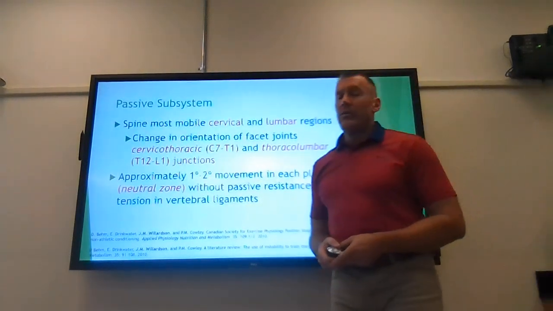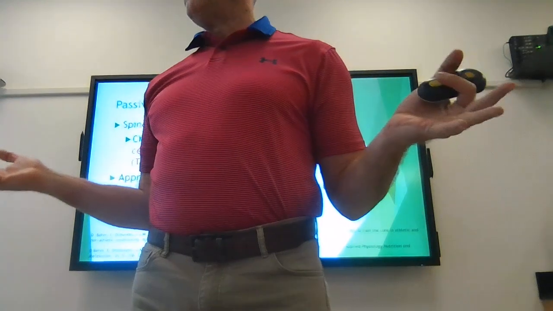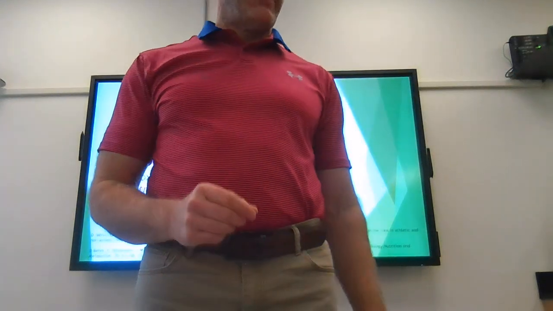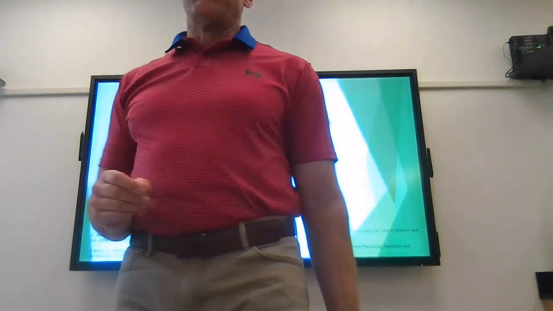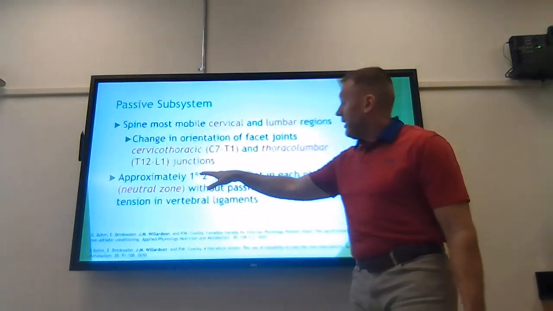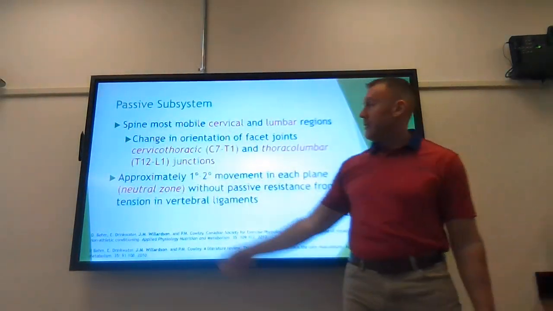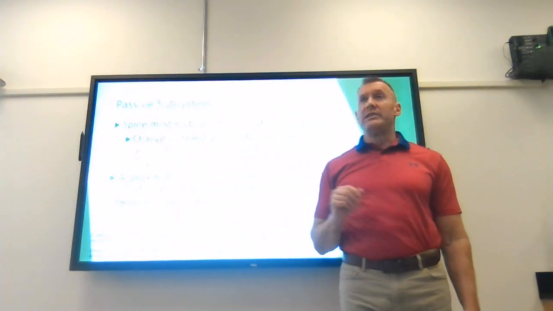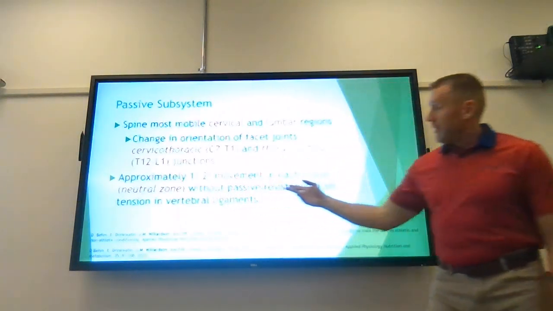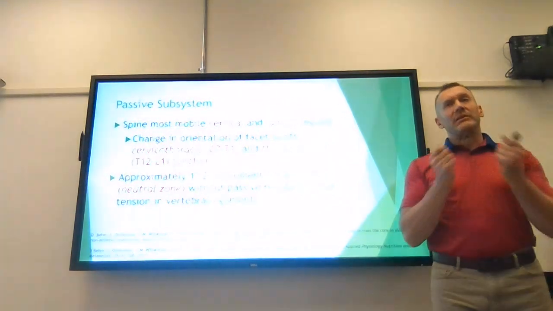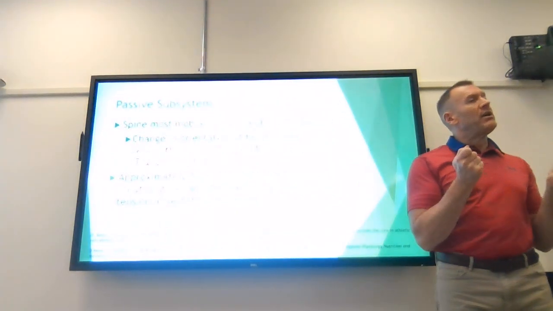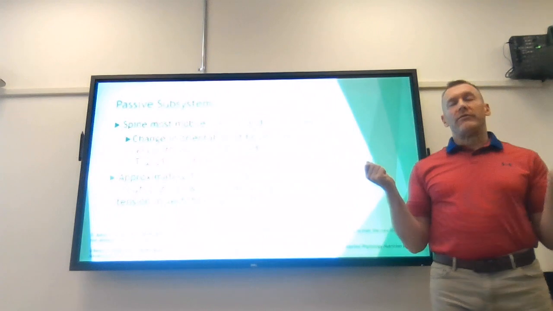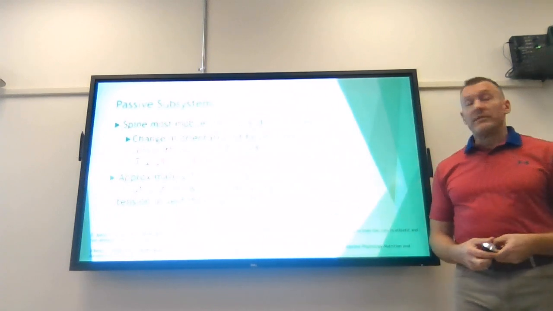Okay, so we have approximately 1 to 2 degrees of free movement before the ligaments start to tighten up. We call that 1 to 2 degrees of free movement the neutral zone. If you go beyond that, you're going to start to get passive resistance. Ligaments are going to start to tighten up to prevent further increases in range of motion.